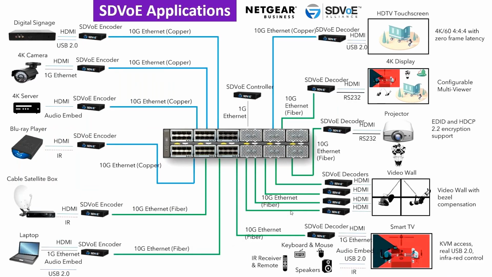Yeah, this is just a good graphic to give you an idea of the flexibility of AV over IP. One of the advantages of SDVOE is that the members can contribute to products that are interoperable. So for example, you could have a ZeeVee encoder and an Aurora Multimedia decoder, and they will function together.